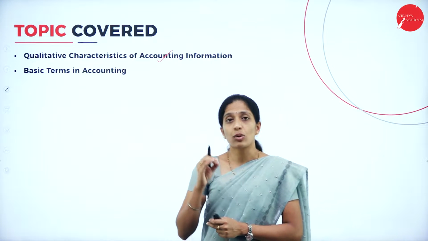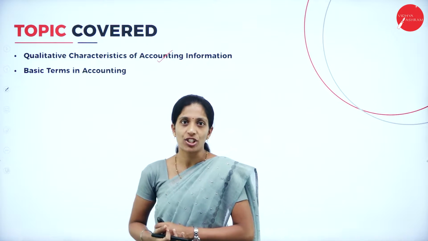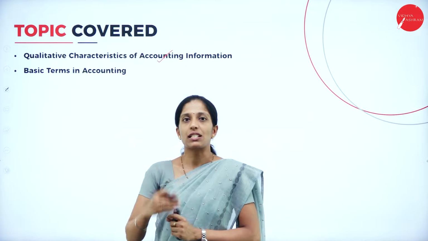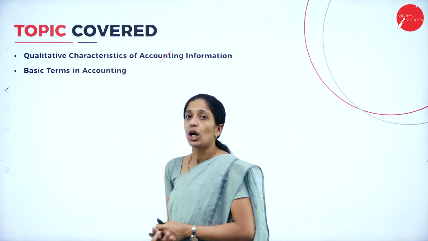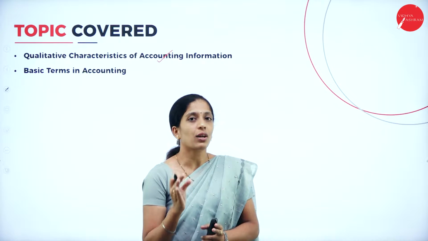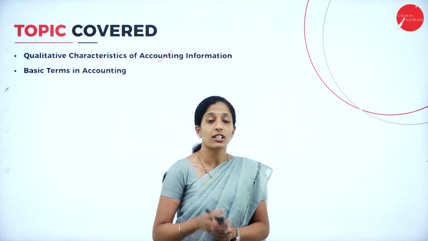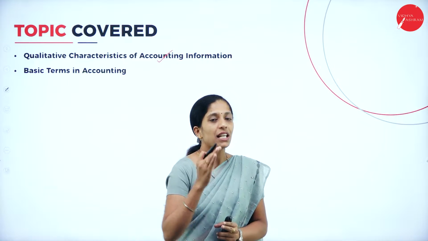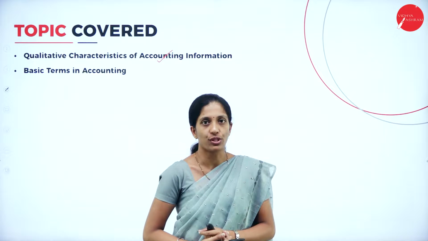So there are certain qualities that the accounting information should have, which we discussed in the previous session. What are the qualities an accounting information should have so that it can be easily communicated to the users?